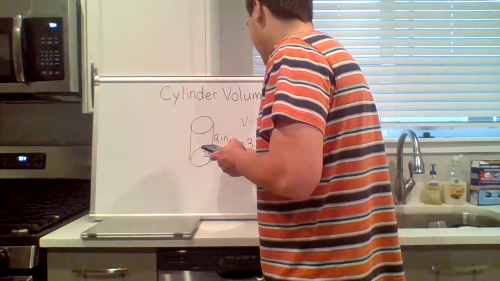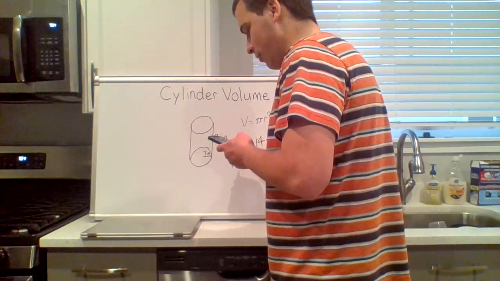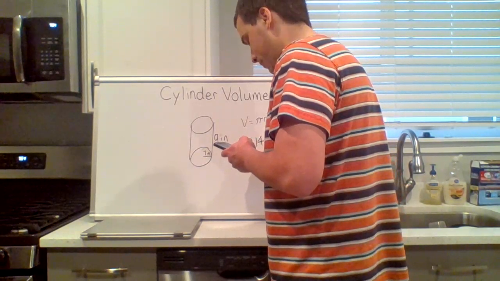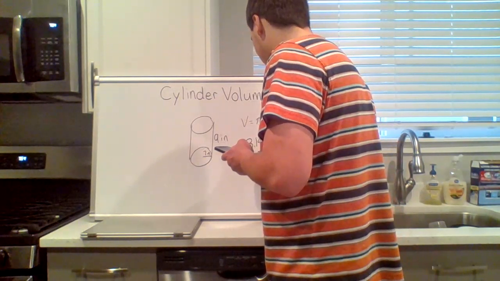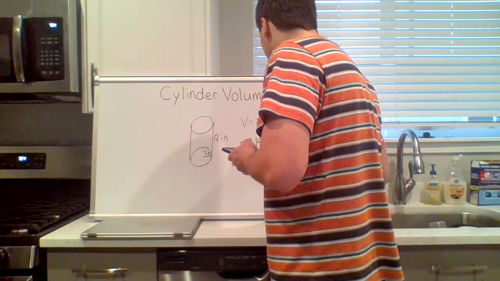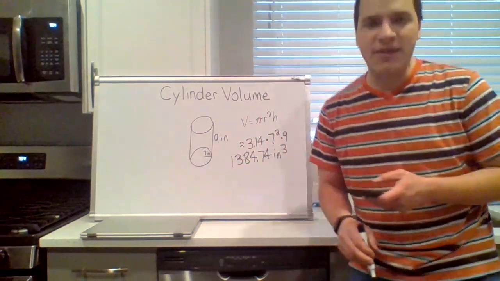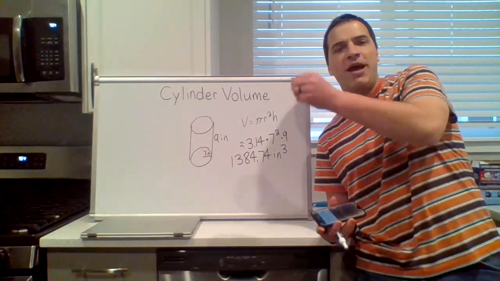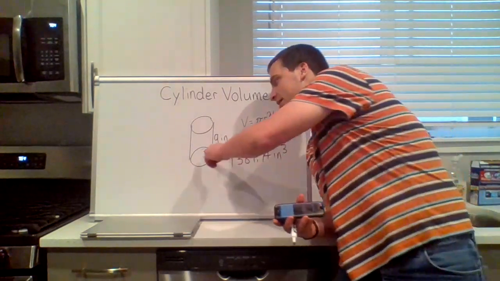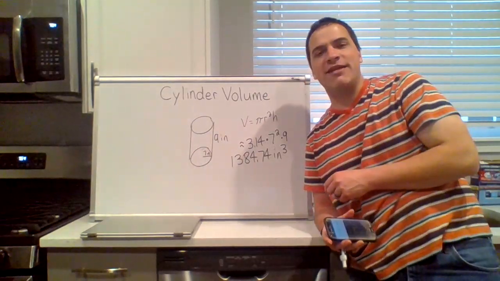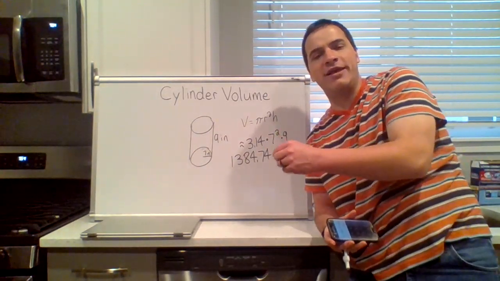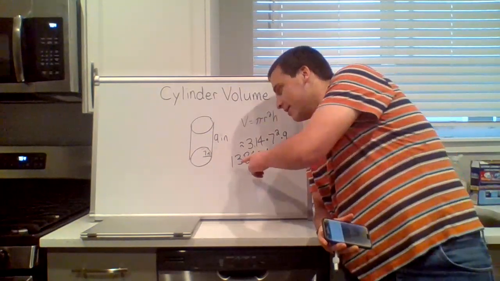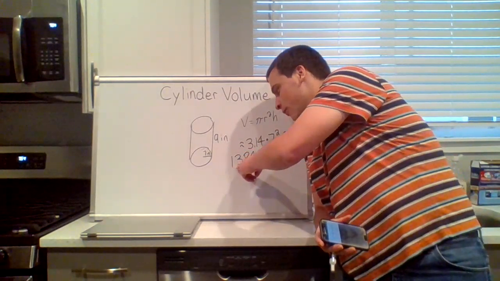Ooh, this is a big one, but it still works fine, no problems. 1,384.74 inches cubed. Volume's in inches cubed because you're measuring how many cubes fill up the object. In this case, the can cylinder style shape, how many little tiny 1 by 1 by 1 cubes will fill it up. This is a rather large can, so over 1,000.